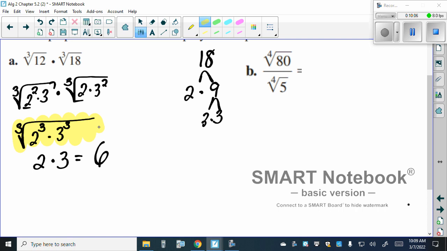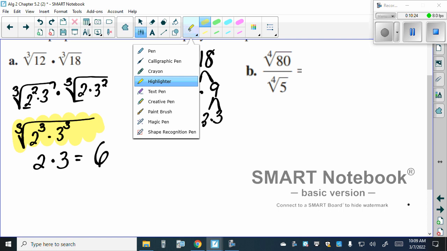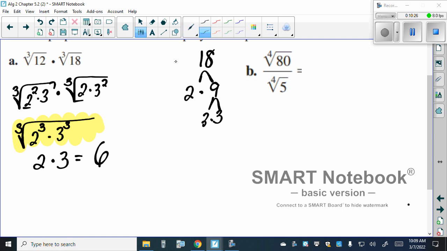You've done most of these here in Algebra 1. We've done these before. We didn't get into fourth roots, fifth roots, sixth roots, but it's not any different than square roots and cubed roots. We're just looking for exponents of higher than 2 and 3. Any other questions on this here?